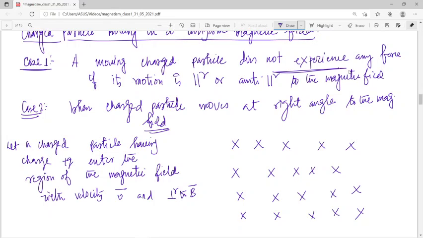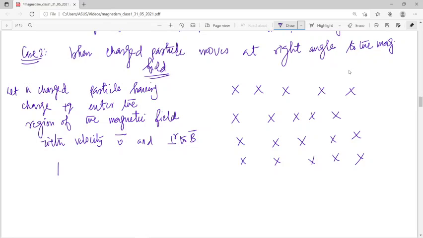Then what we know is that force is q v cross B. If we consider the magnitude of this force, it is q v B sin 90 degrees, so this is q v B. This force is always perpendicular to the direction of motion of the particle as well as to the magnetic field.